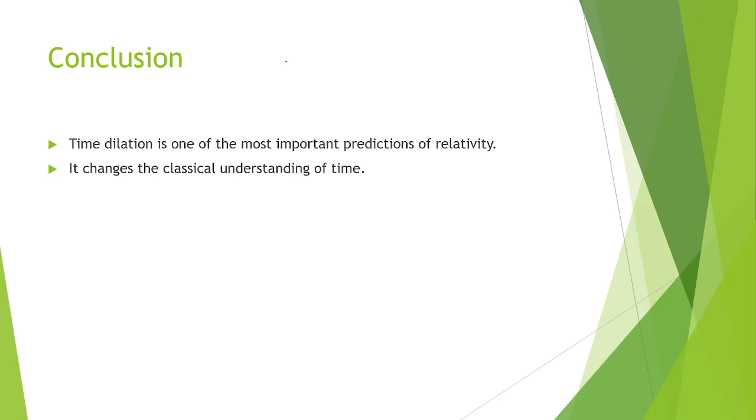Different observers measure different time. The clocks of different observers move with different speed. The duration of a second for a different observer is different. That is the conclusion.